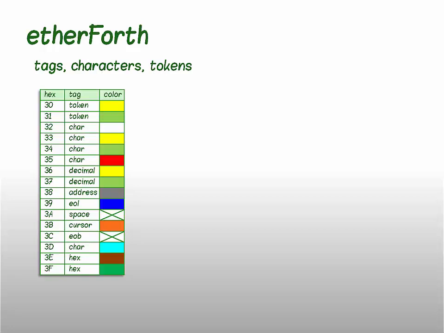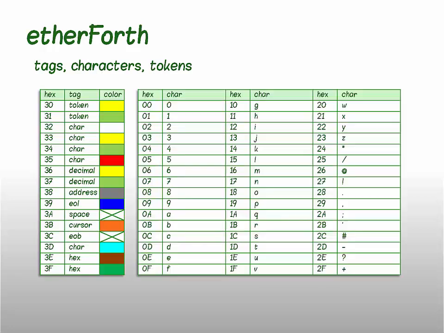The table shows that the tags have two most significant bits set high. Tags define in what color the following word should be displayed. Some tags, such as space and end of block, have no color. Tags also define how to interpret the following characters. They may represent, for instance, a decimal number or a word.